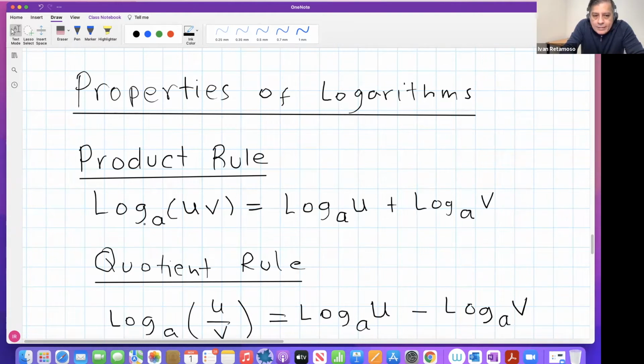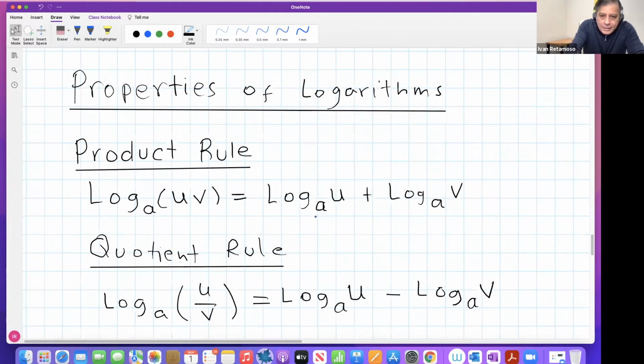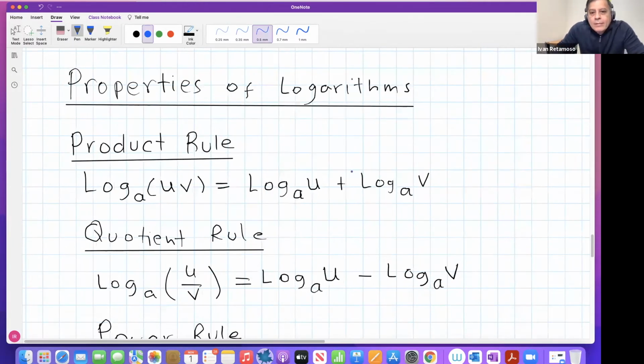And what it says is the following: log base A of u times v is equal to log base A of u plus log base A of v. The log of a product is equal to the sum of the logs, right?